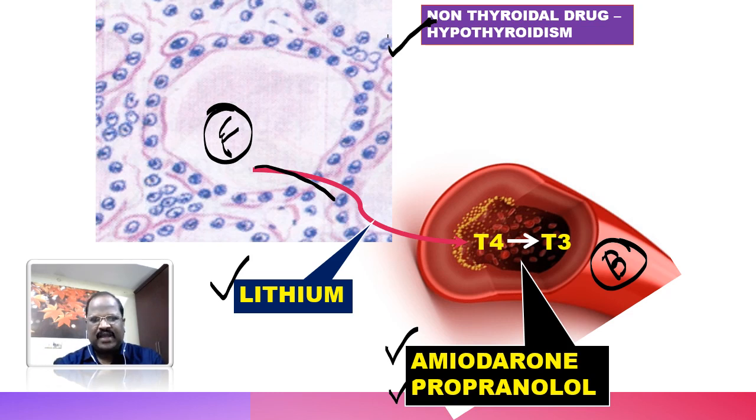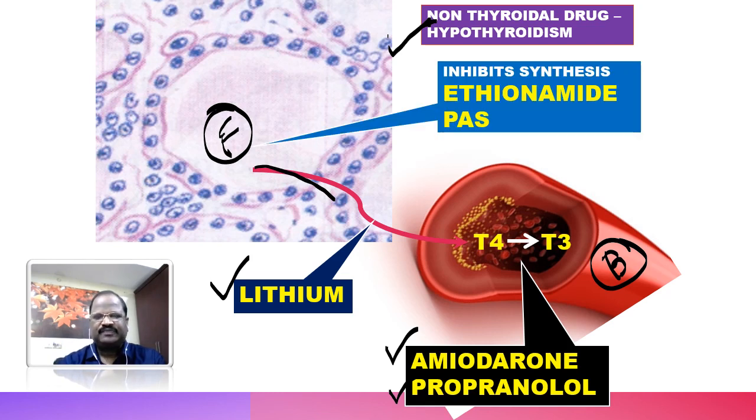The third MCQ: there are some anti-TB drugs causing hypothyroidism. Who are they? For example, ethionamide and one more drug called PAS. PAS means para-aminosalicylate. Both ethionamide and PAS are second line drugs for TB. These drugs cause inhibition of synthesis of T3, T4.